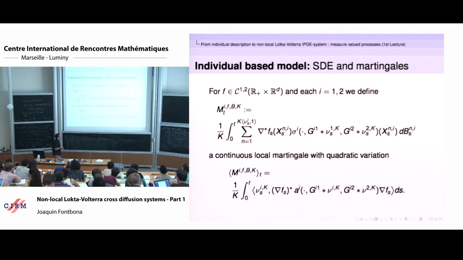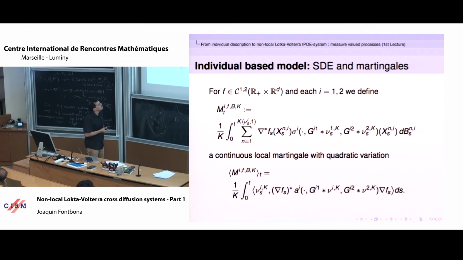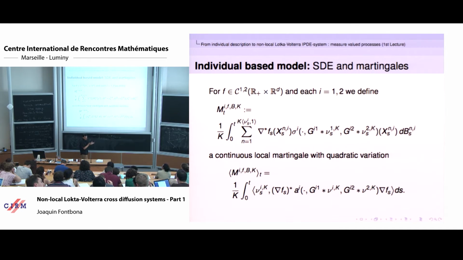So in particular, if this was a martingale, since the expectation is preserved, this has null expectation. And the martingale will be isolating the fluctuations of your dynamics. Okay, this expression tells you how the fluctuations are.